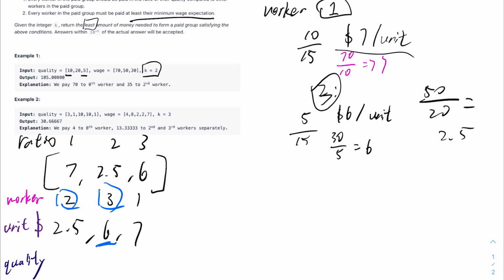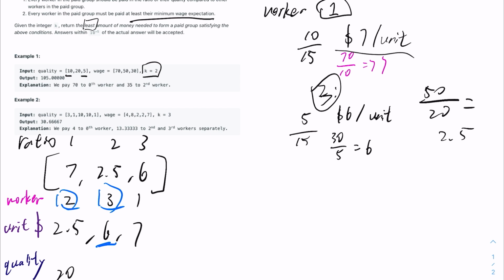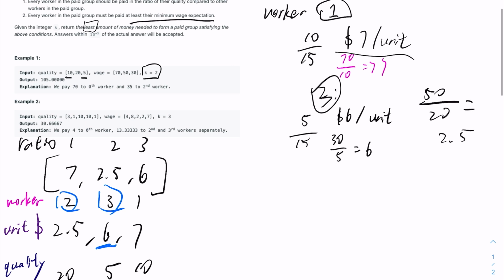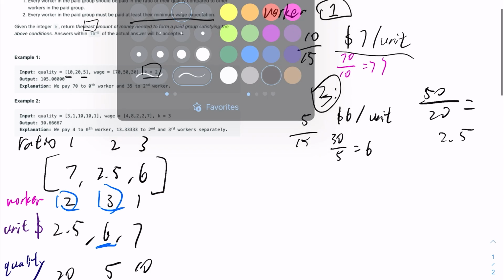Worker 2 will have a quality of 20, worker 3 is 5, and worker 1 is 10.